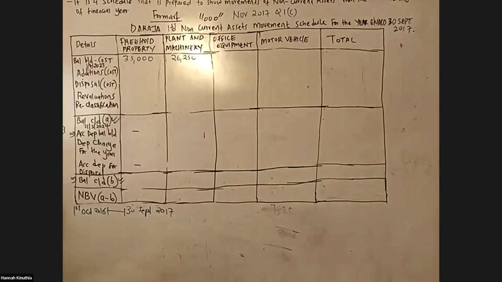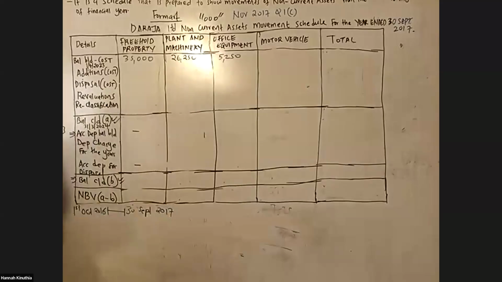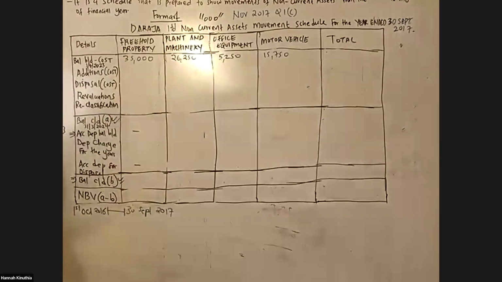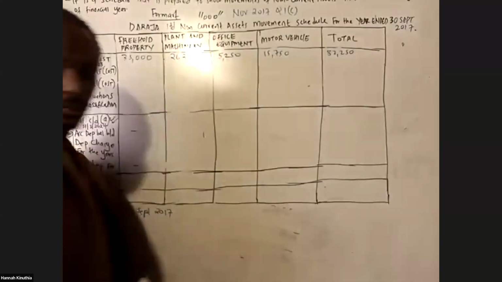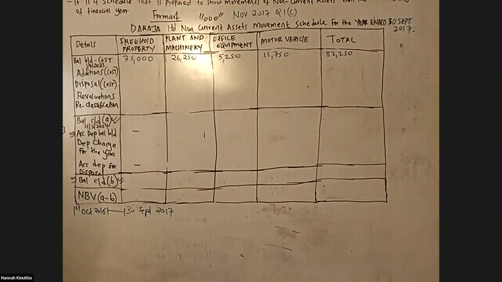Next, office equipment 5,250. Motor vehicle 15,750. Then total: if you add, you shall get 82,250. Up to that point, are we okay? Yes, I'm okay.